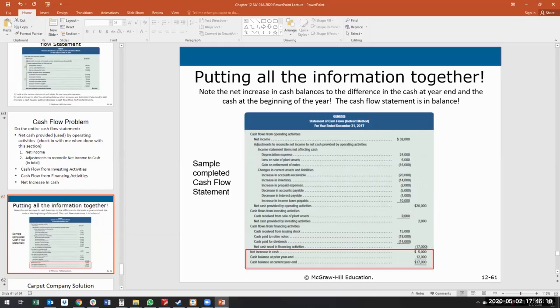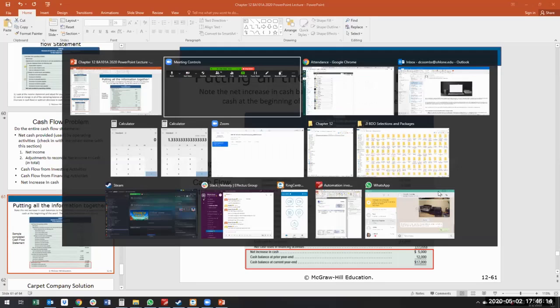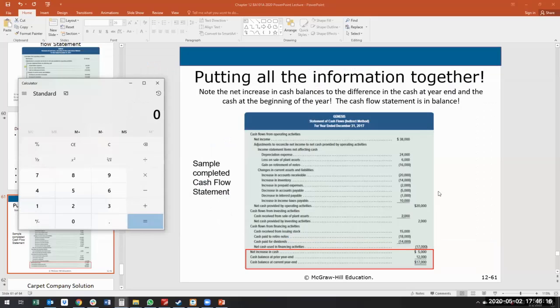And then since this is accounting, we always have internal checks built in. So pulling this up, we know our net income starts with 38,000. All of this together, we had cash provided by operating activities of an increase of 20,000. We received cash of $2,000 for investing activities, and then we used 17,000 in our financing activities.